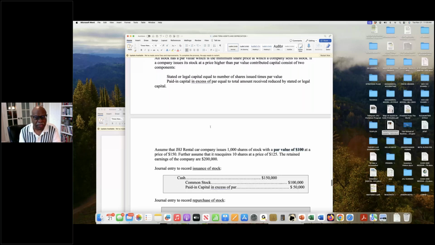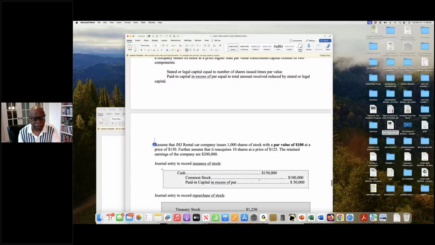If you issued 1,000 shares with a par value of 100, but the price is 150, you would get 150,000 in cash. You credit common stock for 100,000, which is 1,000 shares times 100. Then what you paid in excess of that par value would be paid in capital in excess of par value.